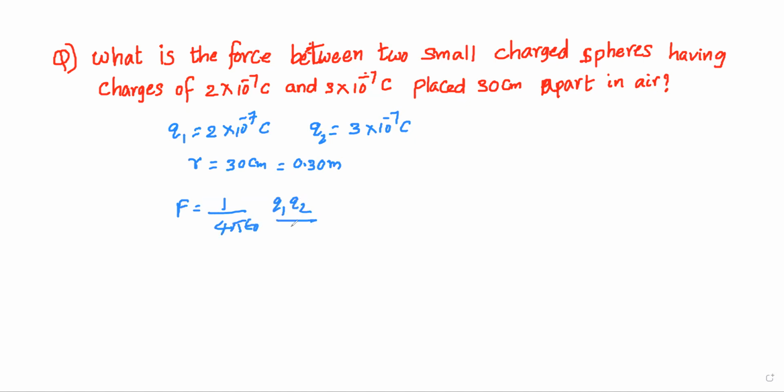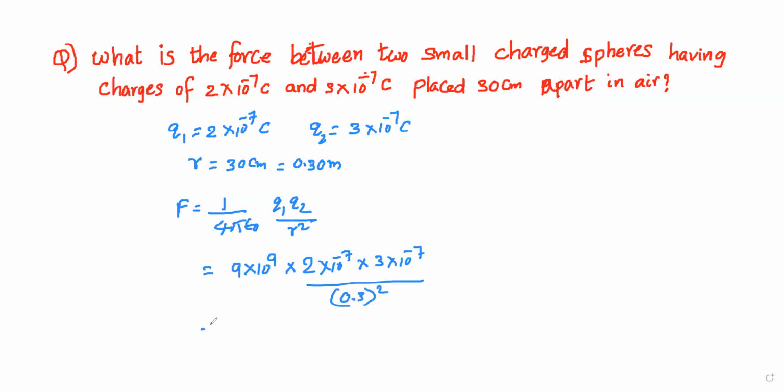by R square. As you know, 1 by 4 pi epsilon naught value is 9 into 10 power 9, into Q1 value, 2 into 10 power minus 7, into 3 into 10 power minus 7, by R square, which means 0.3 whole square.